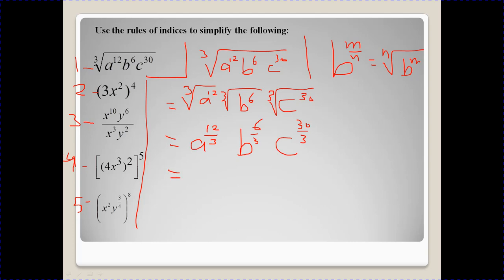Finally, this is a to the power 12 over 3, which is 4, b to the power 6 over 3, which is 2, and c to the power 30 over 3, which is 10. So the final answer is a to the power 4, b squared, c to the power 10.